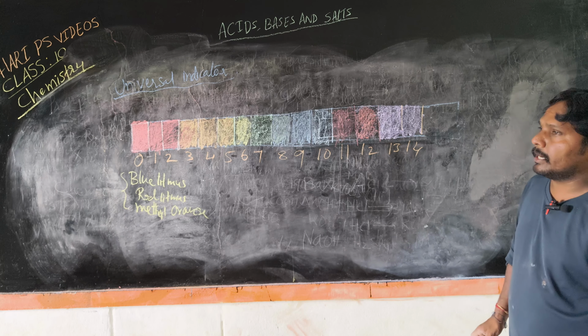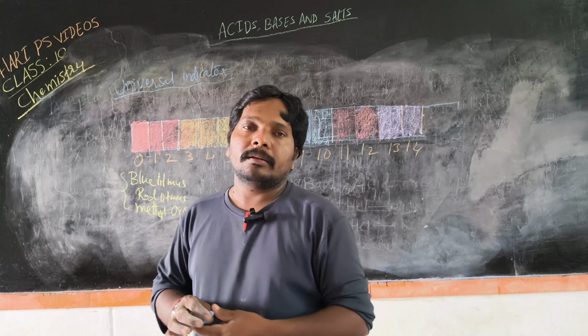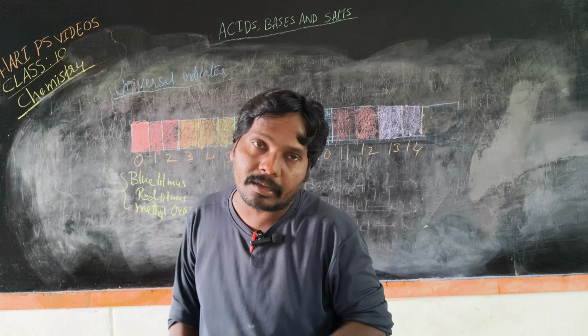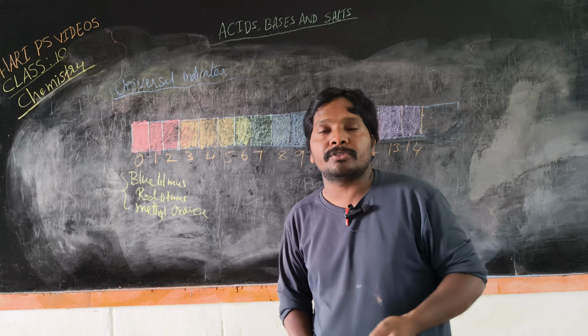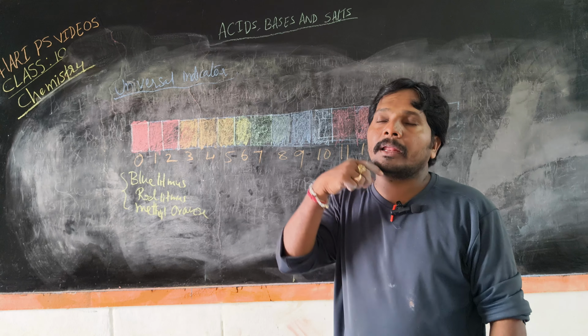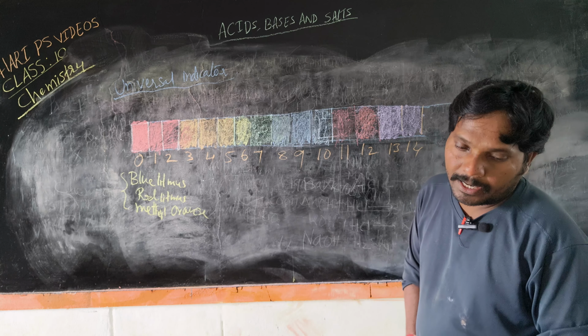So universal indicator is an indicator which consists of different colors for different pH values on a pH scale, right?